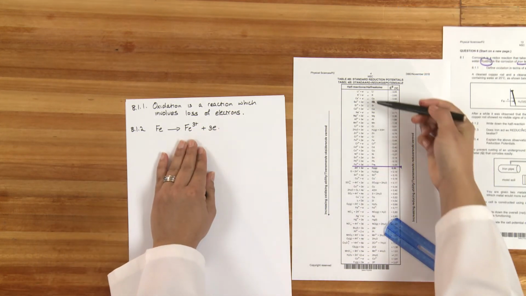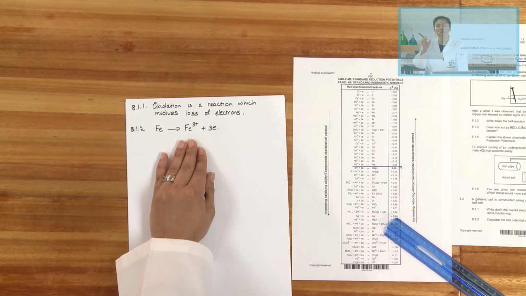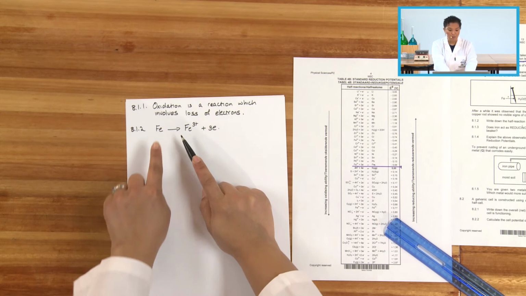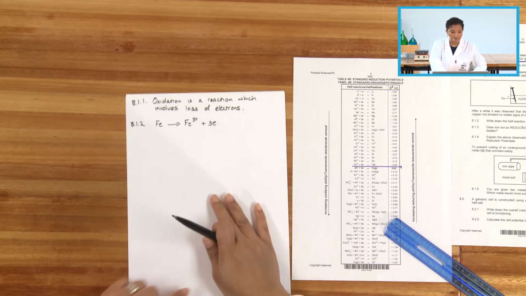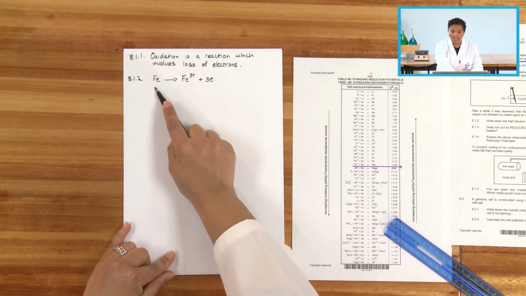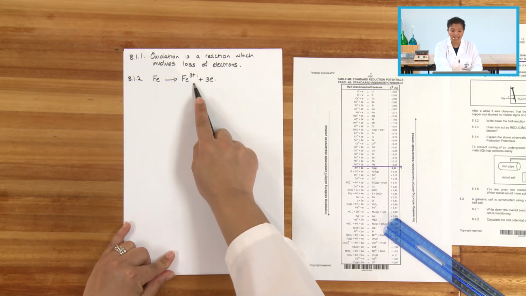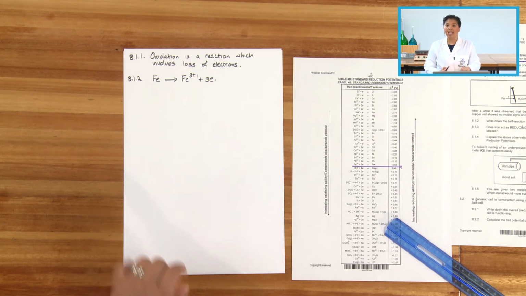Important. All these reactions on your table 4b are equilibrium reactions. So we've got an oxidation half and a reduction half. So those equilibrium arrows are important. The minute you isolate the half reaction, that arrow needs to go into a reacts to form arrow. So we know we've got an iron metal, and it reacts to form through oxidation iron 3 plus ions with 3 electrons being lost.